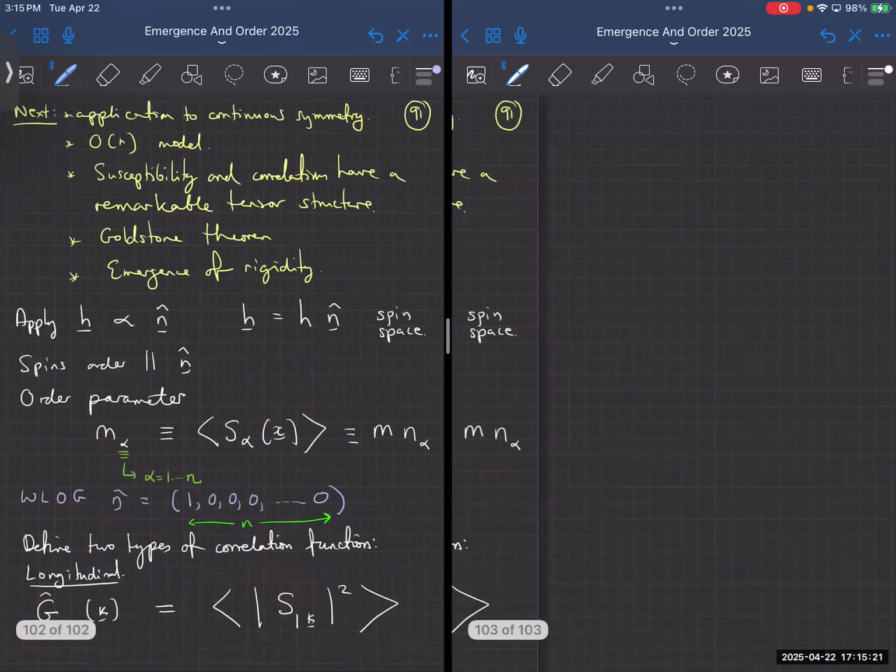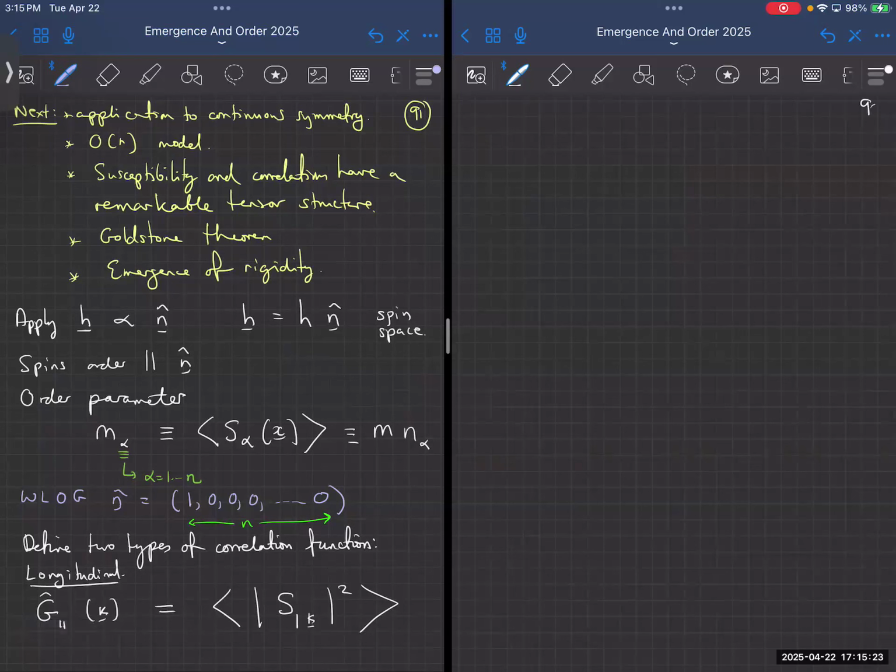And then I'm going to define a transverse one. And the transverse one, I'm going to define it in a very sneaky way. I'm going to define it in such a way that it has a particular tensor structure, which will then turn out to be very convenient in a little while. So I'm going to define it like this. I'm going to define a function, g hat, that depends on k.